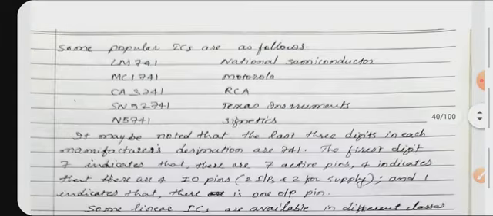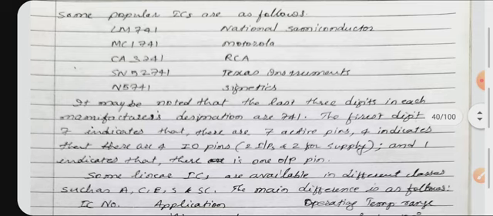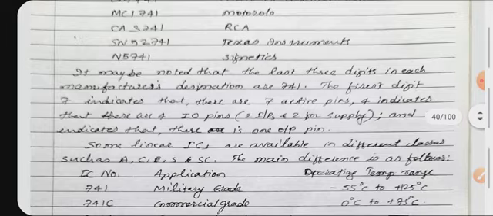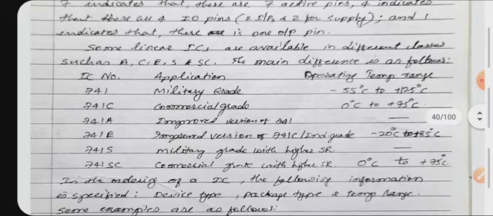What are different ICs apart from 741, like MC1741, CA3741, again high speed op-amp ICs like AD4001, AD4002, etc. N5741 made by Signetics, Fairchild, Motorola. These are the manufacturers designations.